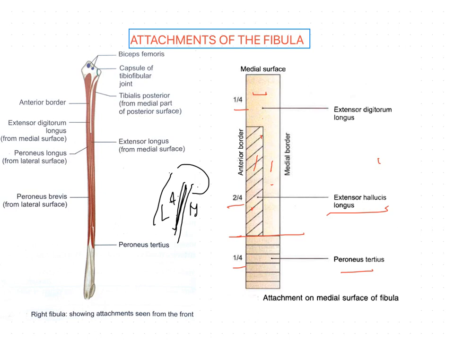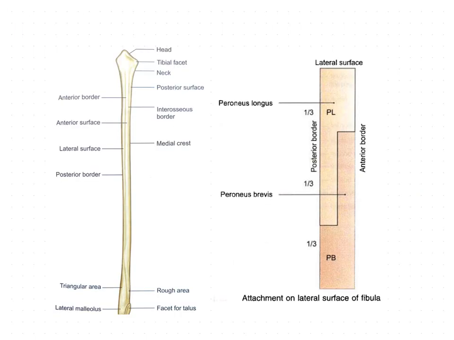Now we'll move on to the lateral surface. Where is the lateral surface? It is present between the anterior border and the posterior border. On this surface the shaft gives origin to only two muscles, peroneus longus and peroneus brevis. The lateral surface of the shaft is divided into upper 1/3, middle 1/3 and lower 1/3.